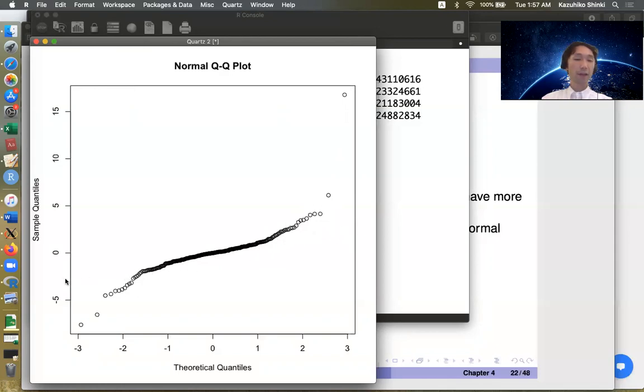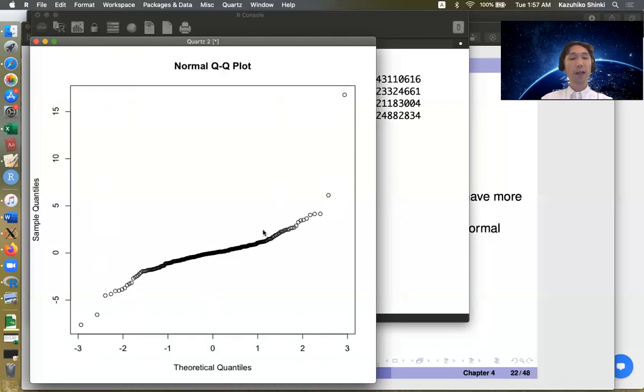And the other part is similar. These observations are much lower than the trend line. This happens because this sample of random numbers has extreme values. The y-axis is the actual observed values. These observations are really large, and these are really small.